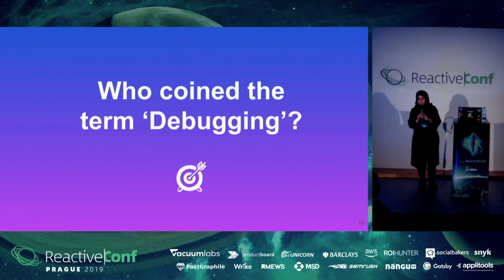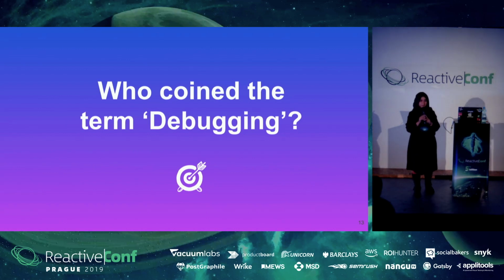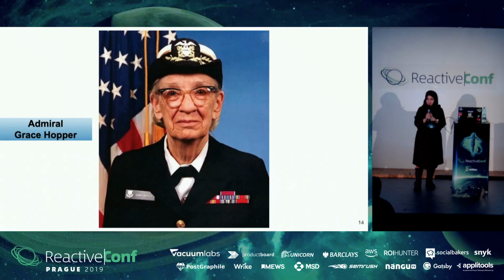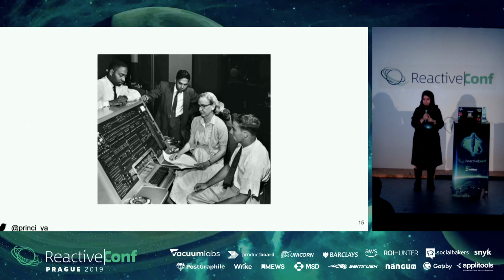Quick question, who coined the term debugging? Anyone? It goes to Admiral Grace Hopper. So back then, when she was working with computers, which occupied half the size of the room, it was quite easy for tiny little bugs to enter the inner workings of the system.